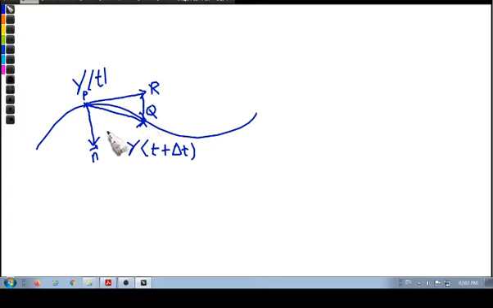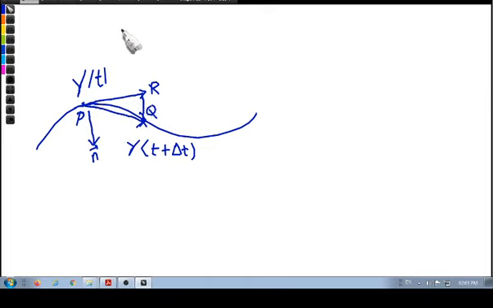This is the point P. P is the point gamma of t. What is PR?